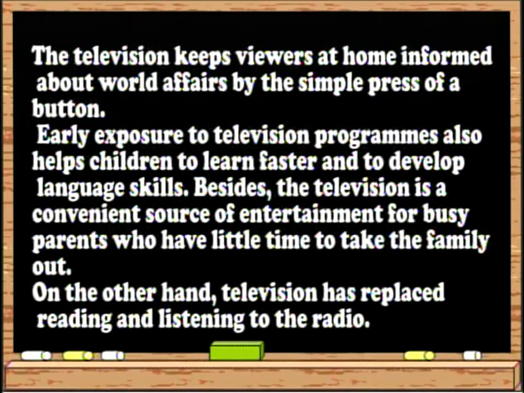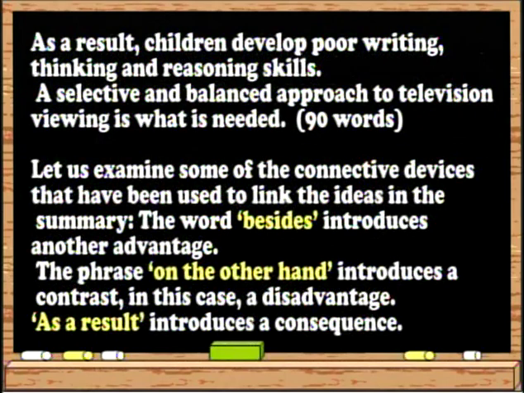On the other hand, television has replaced reading and listening to the radio. As a result, children develop poor writing, thinking, and reasoning skills. A selective and balanced approach to television viewing is what is needed.